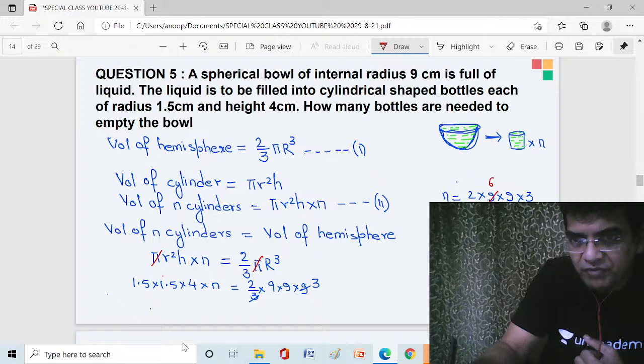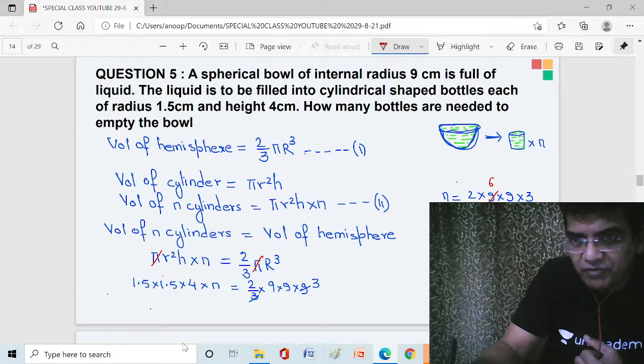This 2 will reduce 4 how many times? 2. And then this 2 will reduce 6, 3. So finally what we are left with is n is equal to 3 into 6 into 3. So 6 threes are 18, 18 threes are 54. So the number of bottles filled will be 54.